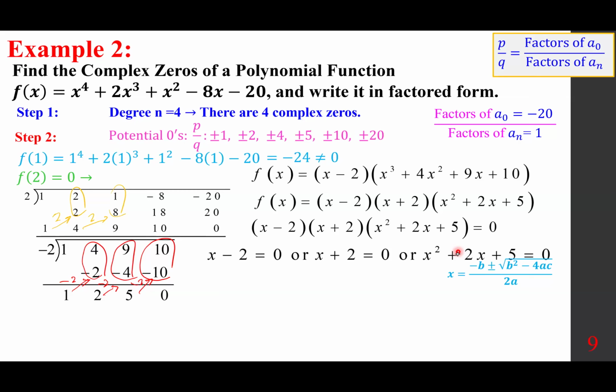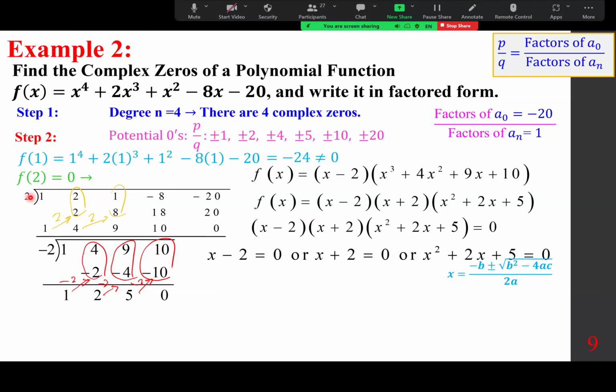So let's recap. We used the 2 and ended up with 0, so x minus 2 times what we have here. Use the negative 2, we ended up with 0. That's a factor. So x minus 2 and x plus 2 times whatever is left here. Since we are interested in finding all zeros, we set this equal to 0.